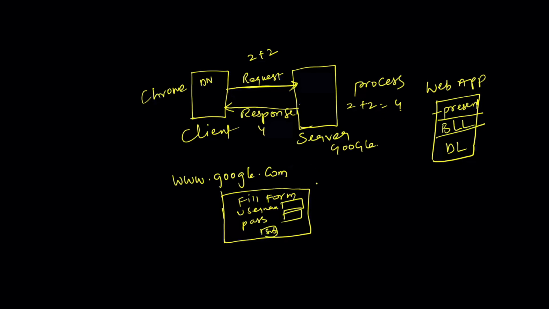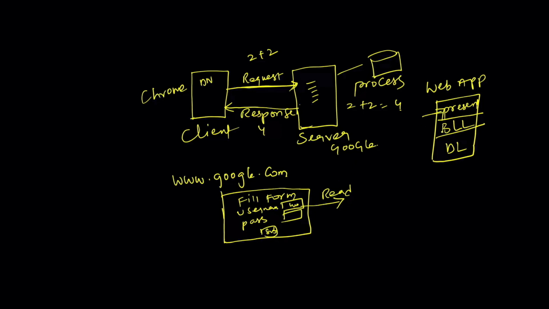This is what is known as your user interface, and it will be in the presentation layer. Correct. Now whenever you enter the data, this data will be read here and sent to the server for processing. It will do the processing and further store it in the database for further processing.